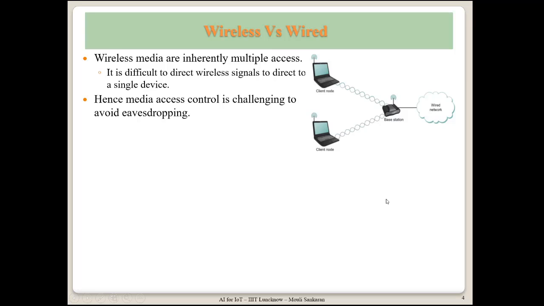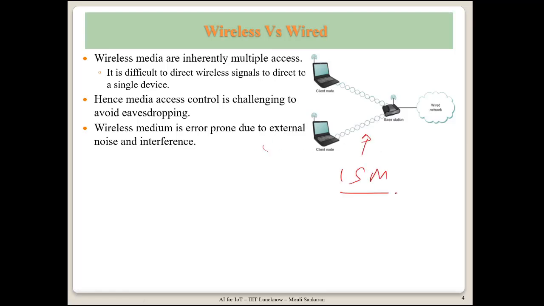Okay. Now, the wireless medium is error prone because of external noise and interference. Mostly the Wi-Fi routers are using frequencies in the ISM band. As I mentioned, we don't need to get permission to switch on our Wi-Fi router. That means they operate in this ISM band, 2.4 gigahertz and 5 gigahertz.